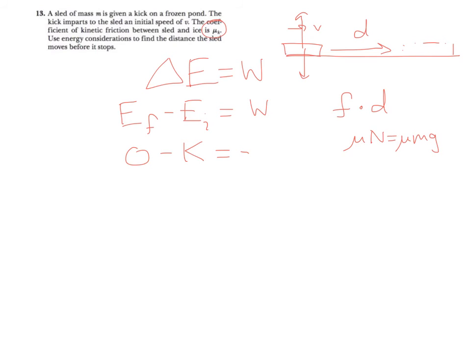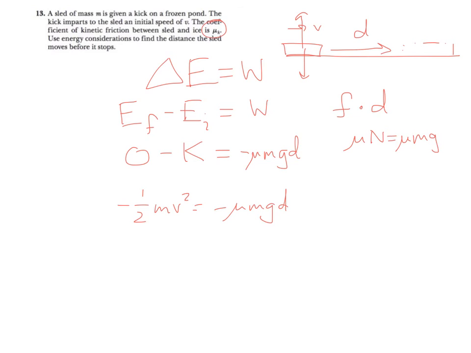And then that times a distance is going to give you the work done by friction. So negative mu mgd is going to be the work done by friction. So then what we're going to end up with is negative 1/2 mv squared equals negative mu mgd.